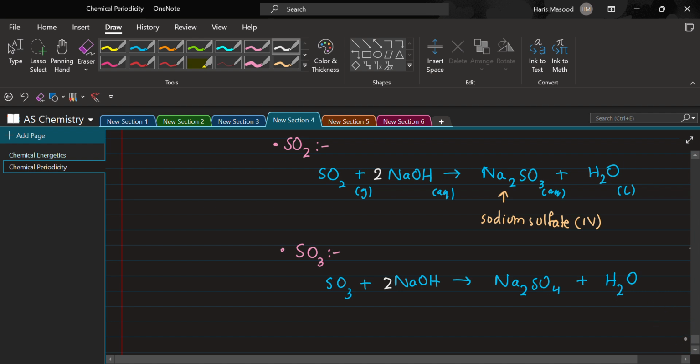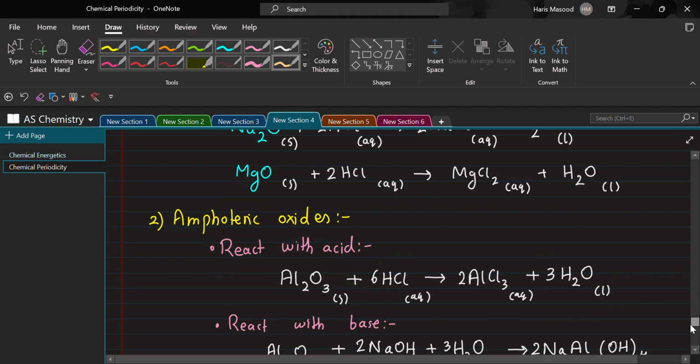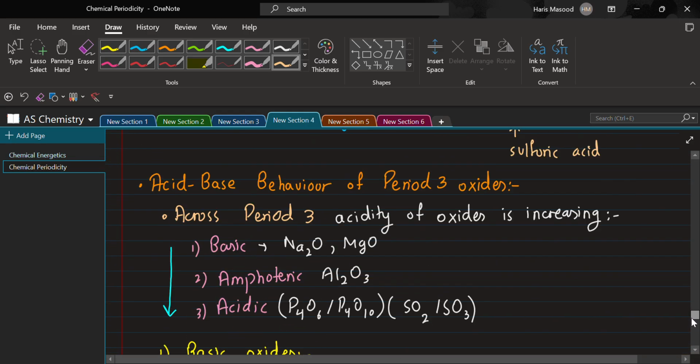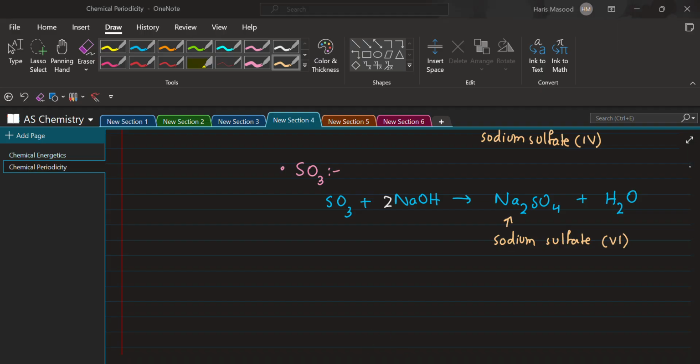Now the equation will be balanced. Sodium sulfate 6. I hope the reactions are now clear. So we have studied the acid-base behavior of period 3 oxides, how they react with either bases or acids, or both, based on their nature.